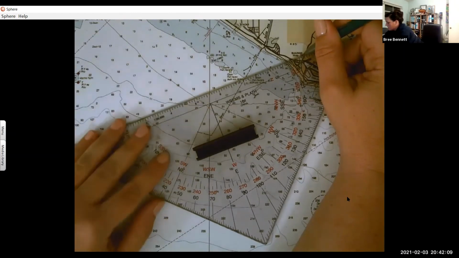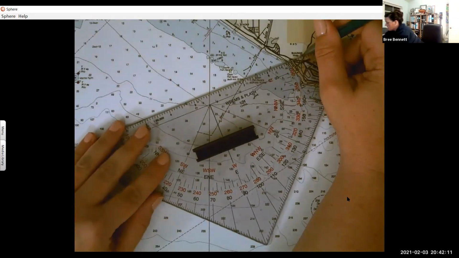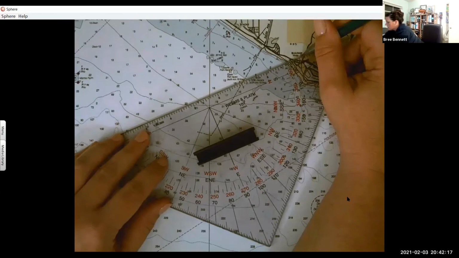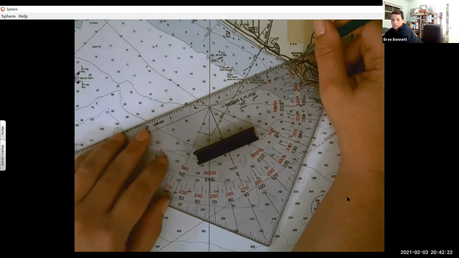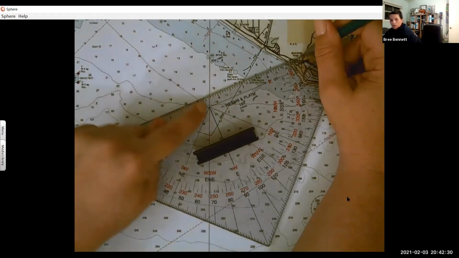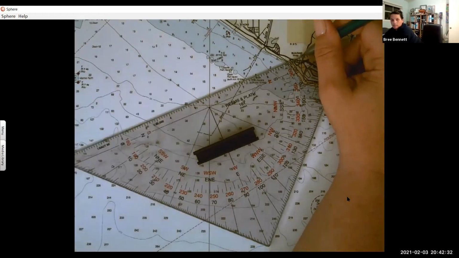It takes a little wiggling here. 068, 067. Okay, so there is 067 on the bottom of the triangle. And that focal point is on the line.